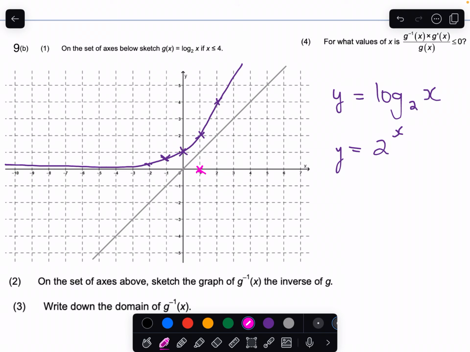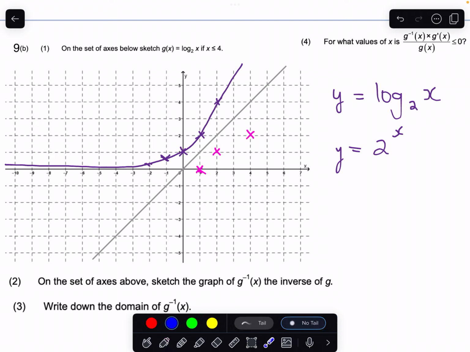Because when you reflect in the y is equal to x, each point on here, the x and y coordinates get flipped around. So now instead of having 0, 1, we're going to have 1, 0. Instead of having 1, 2, we're going to have 2, 1. Instead of having 2, 4, we'll have 4, 2.